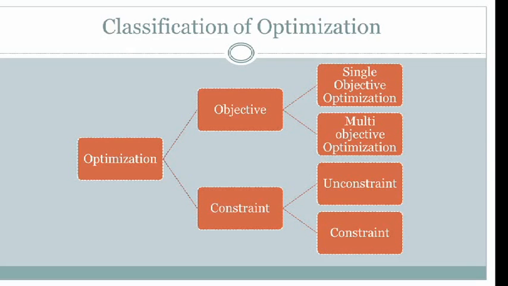And the second one is high dimensionality. If the optimization problem is of higher dimension, then a vast feasible space will be there, so it is much harder to find the solution. And the third one is constraints. It may give a complicated feasible region.